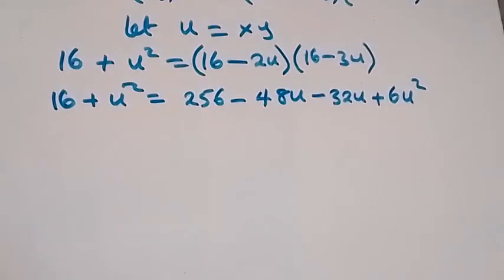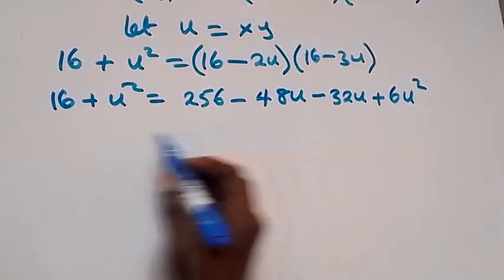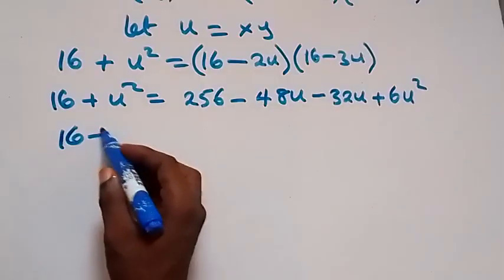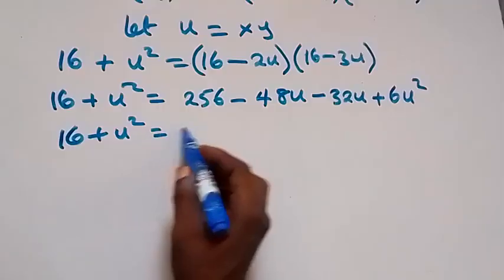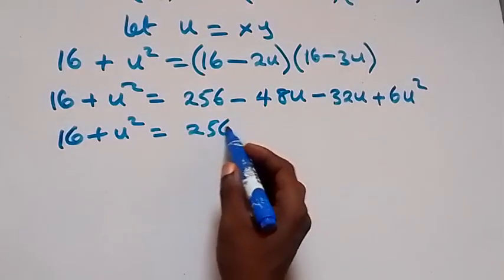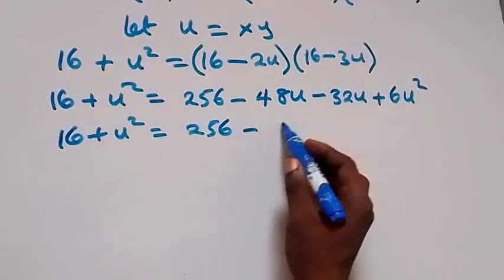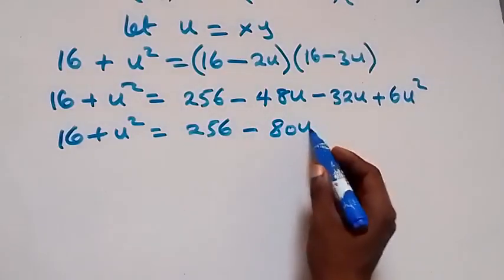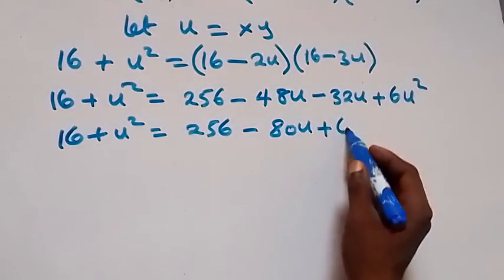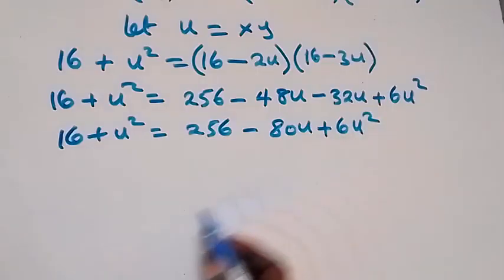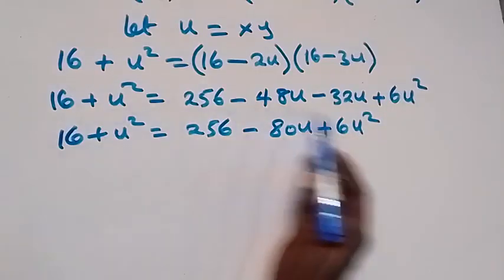Then next step, let's reduce this first. We have 16 plus u squared equals 256, this will give us minus 80u, then plus 6u squared from here.